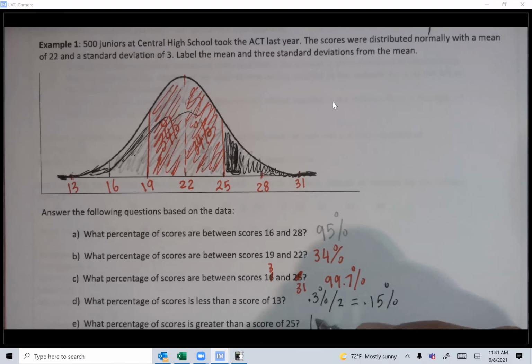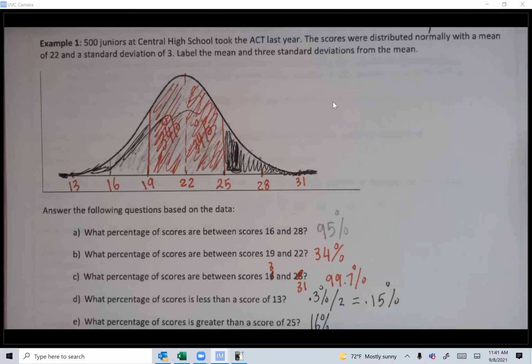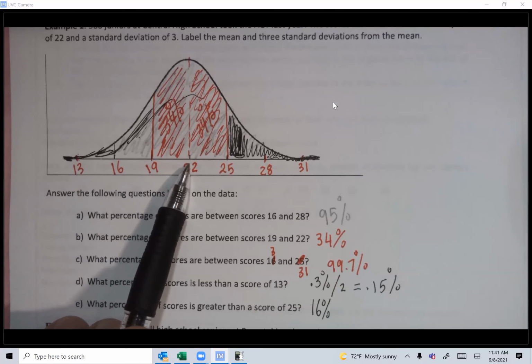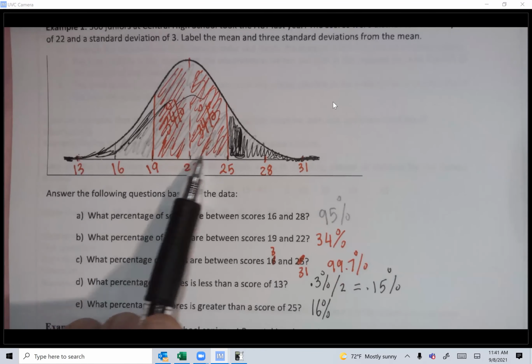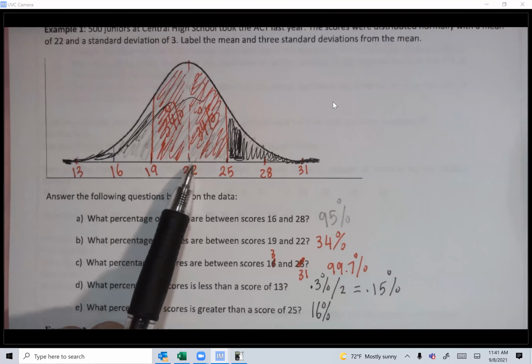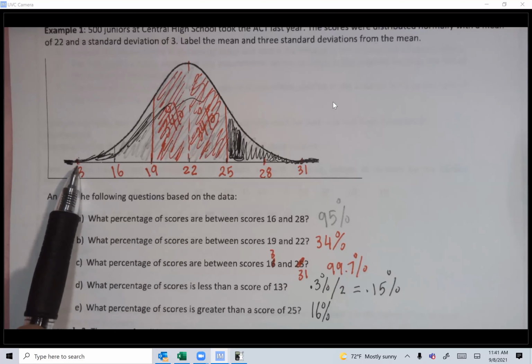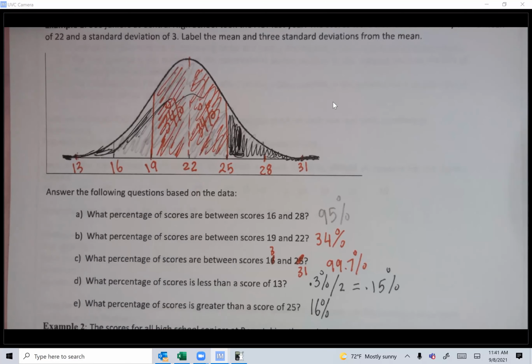It is 16%, because 16 plus 34 will give you 50%. One time I asked students a very simple question. What percent of the values are bigger than 22? You just say 50%. If I say what percent of the values are smaller than 22, you just say 50%, because 22 is the median, is the mean, is right at the 50% location.